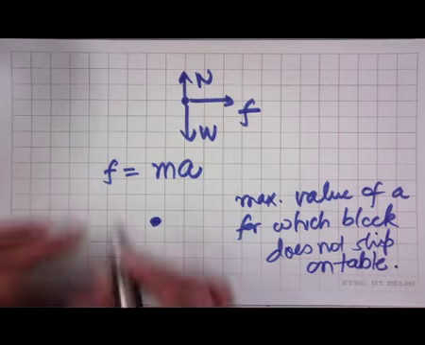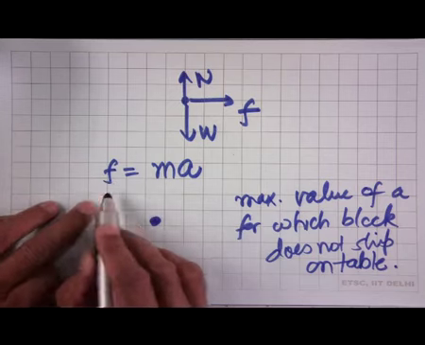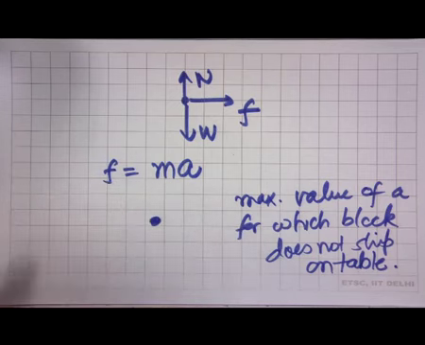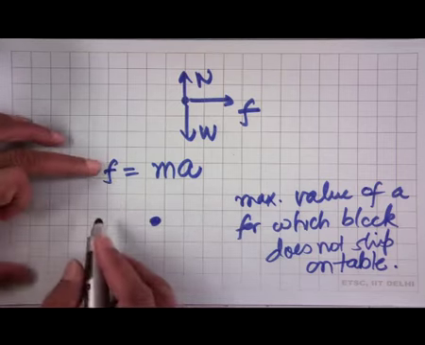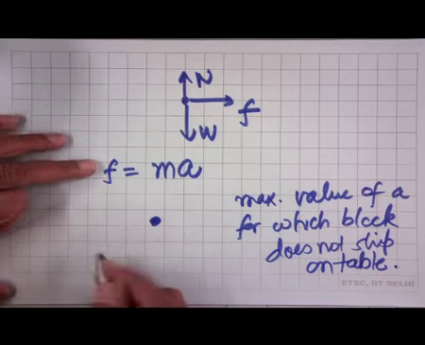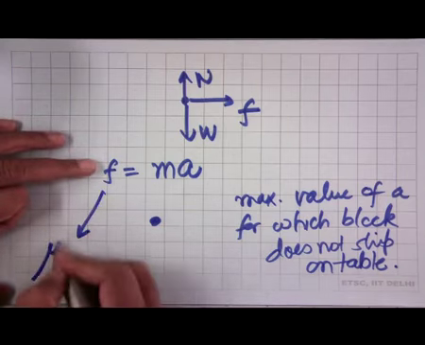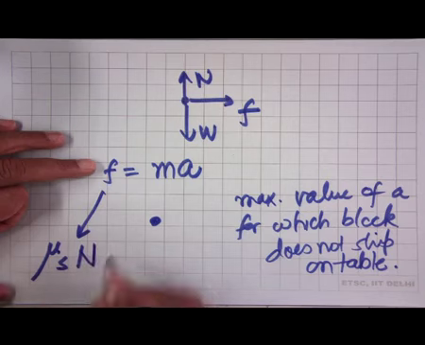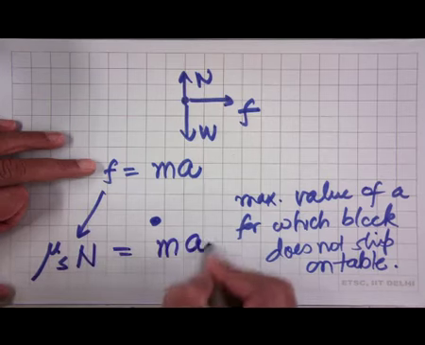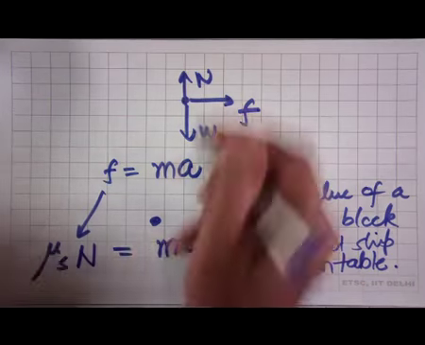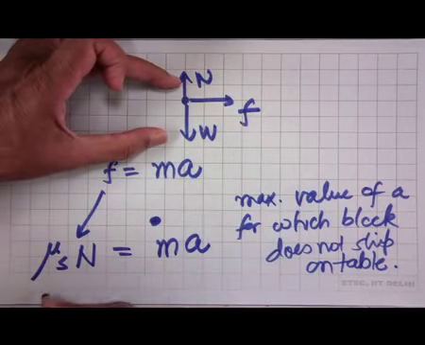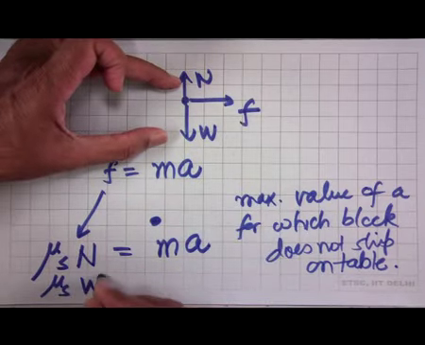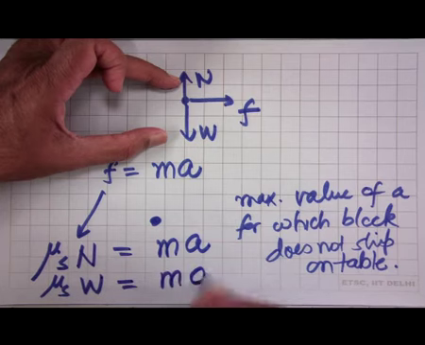Then clearly we know till the block starts to slip, f is equal to ma. Now, the maximum value of f before which slip takes place will be equal to mu s times N, and this must be equal to ma, and N from the balance of forces in the y direction turns out to be equal to W. So, mu s times W is equal to ma, and W can be written as mg.